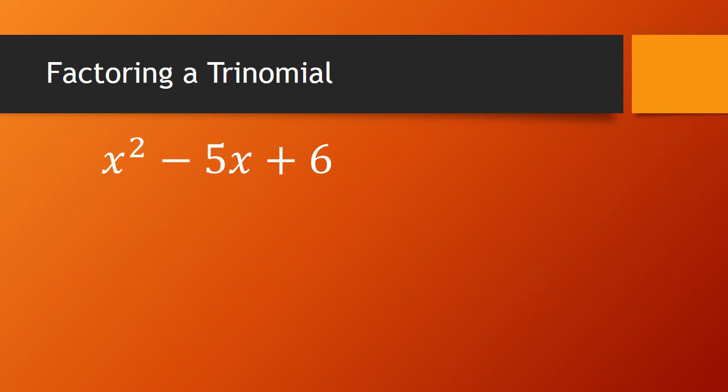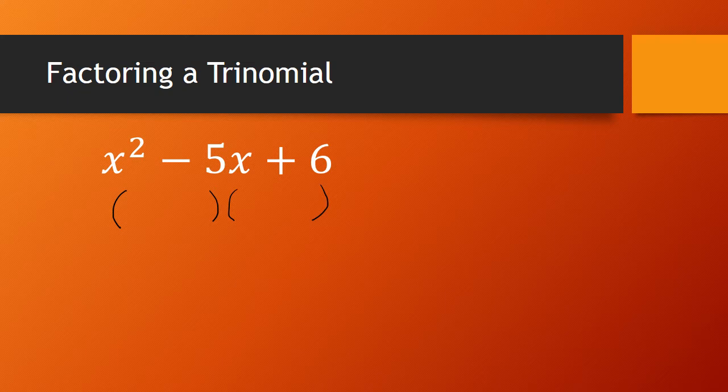How is this fact going to help me when I work backward, going from a trinomial to two binomials? So I know that a trinomial like x squared minus 5x plus 6 can be factored into two binomials.